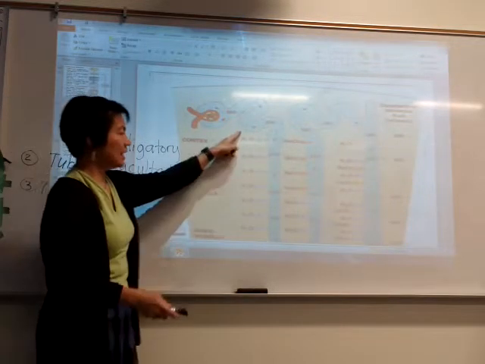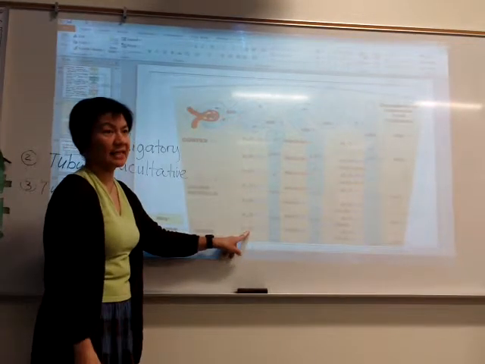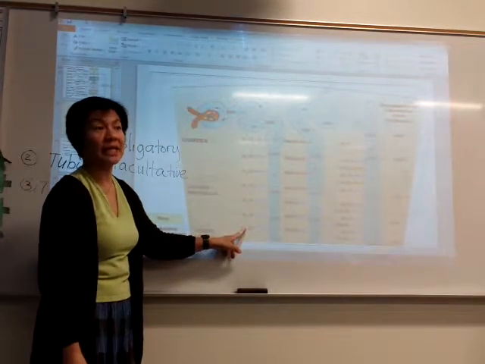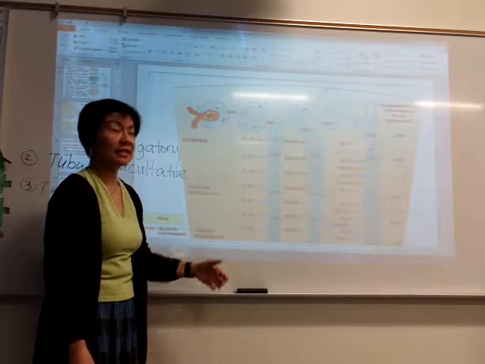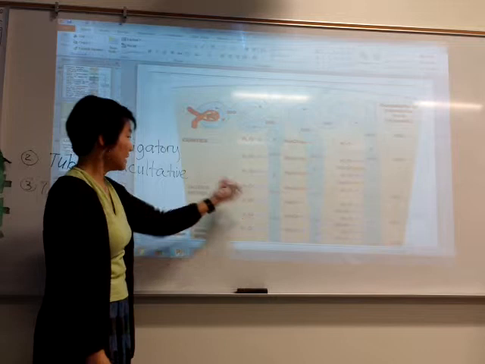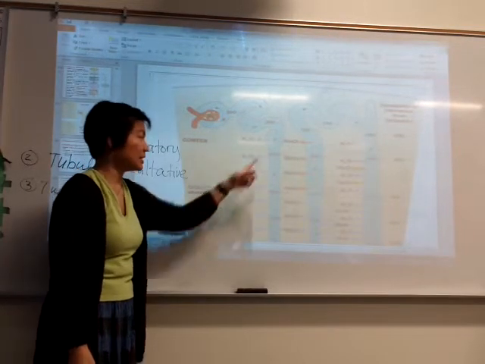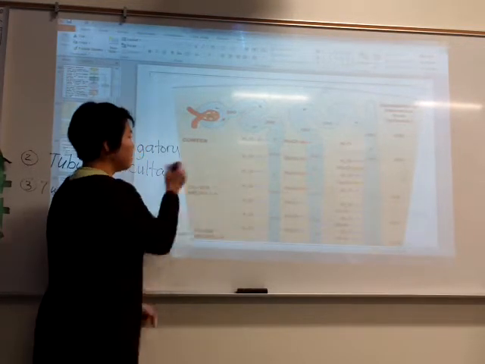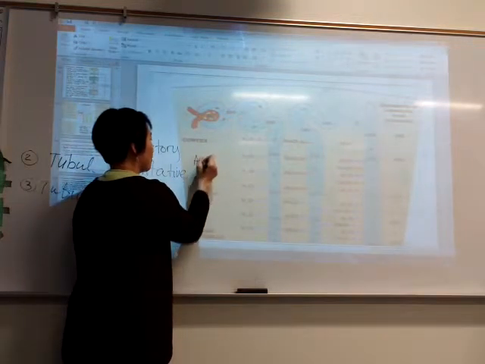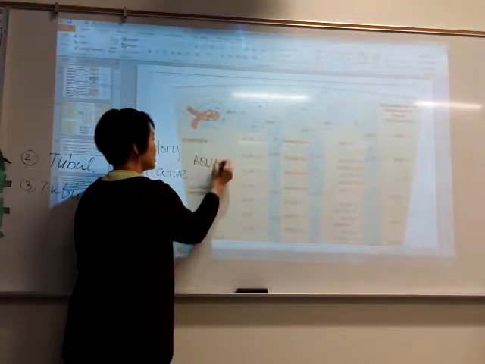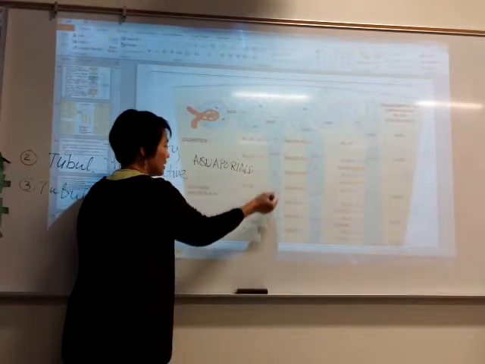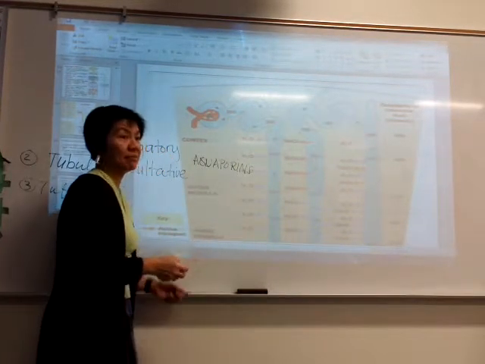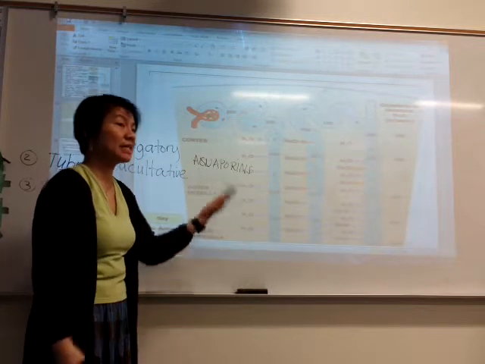What you see over here in the descending limb is called obligatory water reabsorption. They have no choice. They're going to move because this is permeable. They pass through what you call aquaporins or water channels. And aquaporins are always present in the descending limb. So they're just obligated to move.